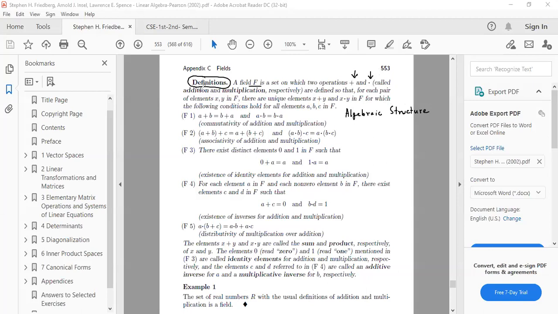This plus operation is usually called addition, and this dot operation is usually called multiplication. Whenever the words addition and multiplication are written, they do not mean that this addition is only the addition of numbers, and this multiplication is only the multiplication of numbers. By this, they mean it can be any type of addition operation.